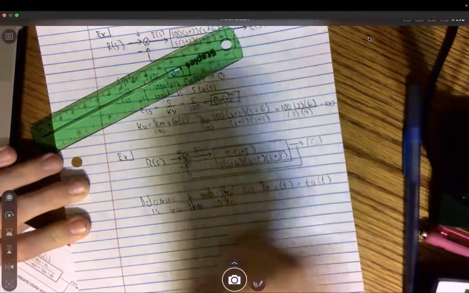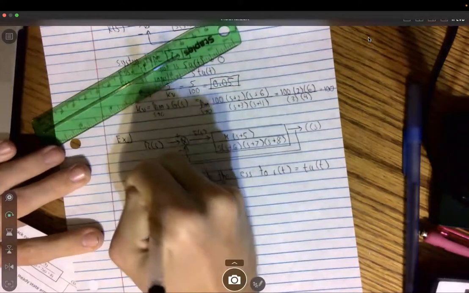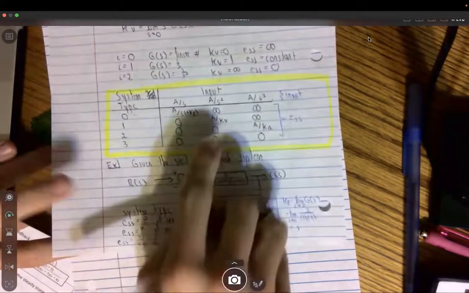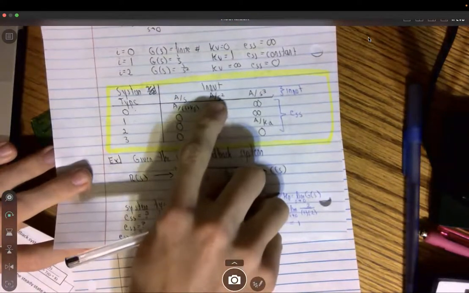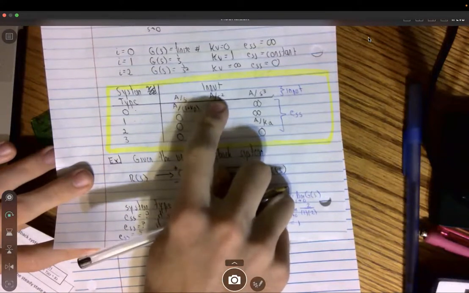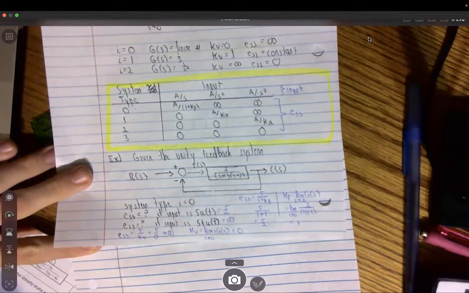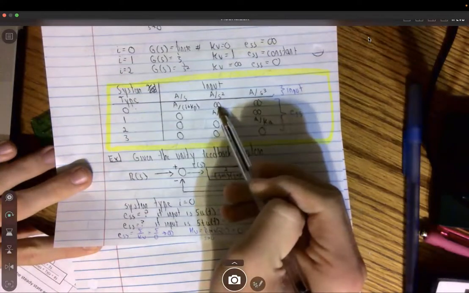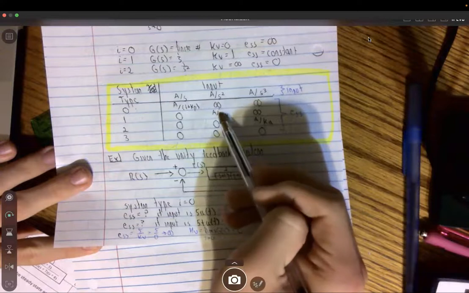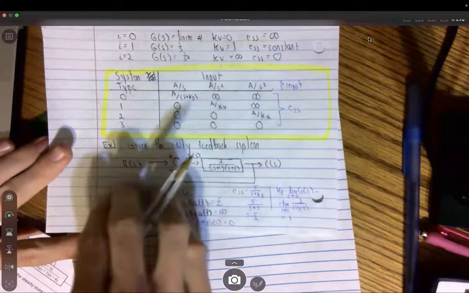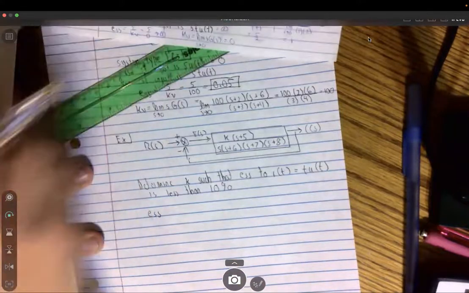Okay, so here we need to make sure of the steady state error, and we have the unit ramp, right? So we know that when we have the unit ramp as our input, it's A over s squared. And we want to make sure that our steady state error is less than 10%. Well, right here, we have infinity for steady state error, but here we get a constant. So we need to make sure that that steady state error is less than 10% here.